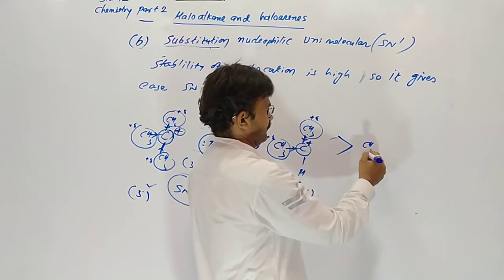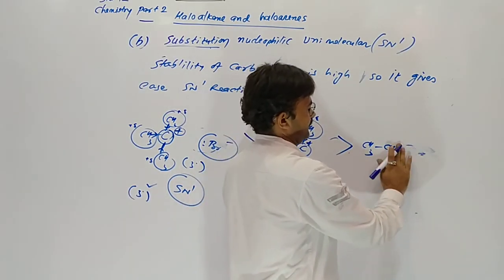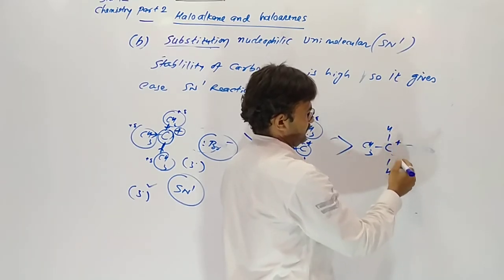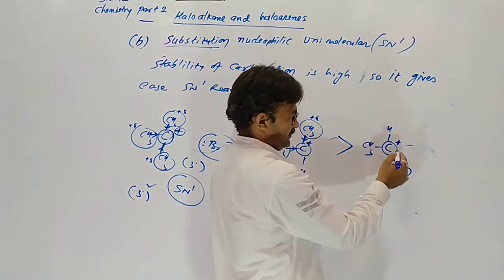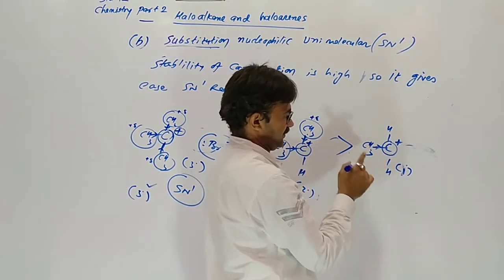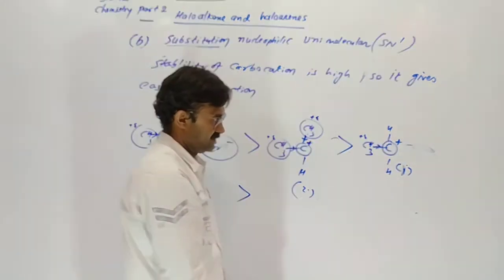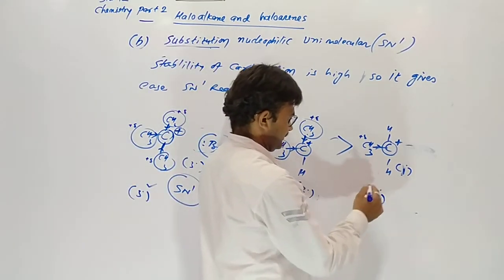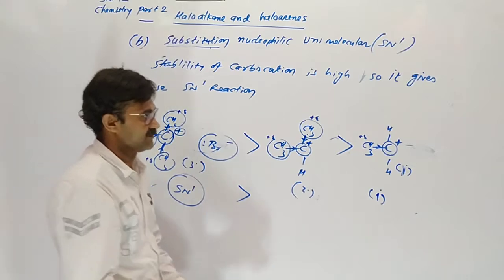What about primary? After removal of bromide, it is a primary carbocation. The positive charge carbon is attached with only 1 methyl group as donor. Here the positive charge spreads over 2 carbon atoms, so stability is less. So this one gives SN1 less easily.